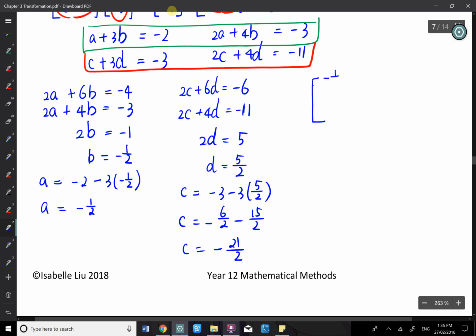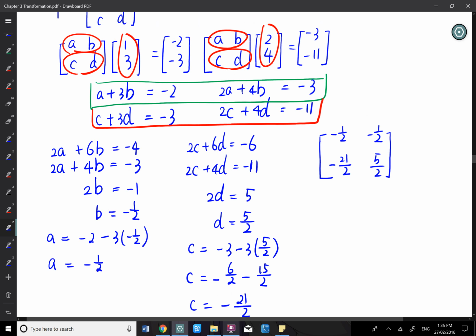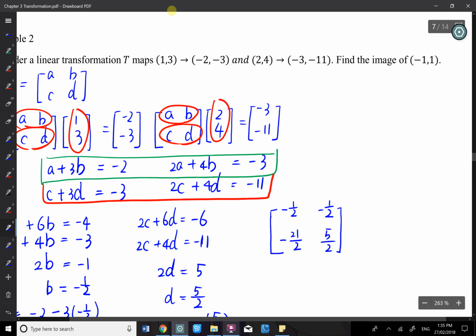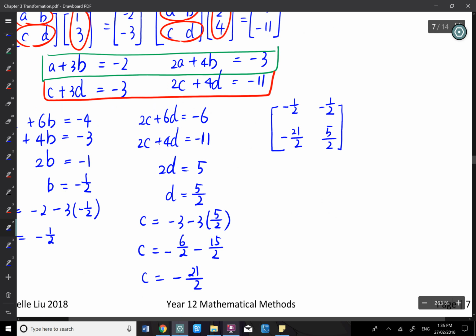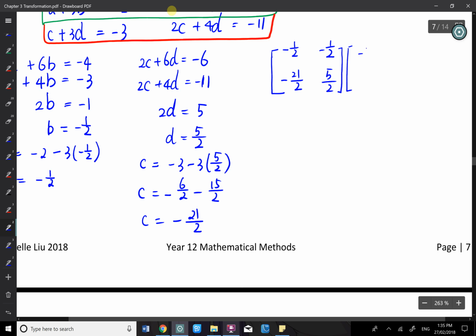So the transformation matrix is -1/2, -1/2, -21/2, 5/2. I want to find the image of the point -1 and 1. So I will multiply -1 and 1 together with the transformation matrix.